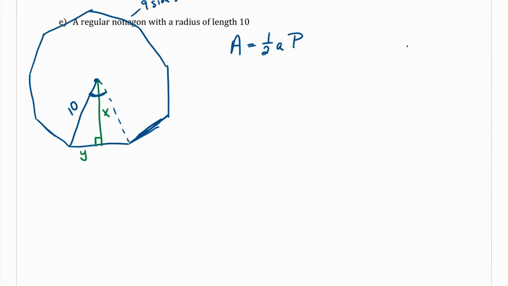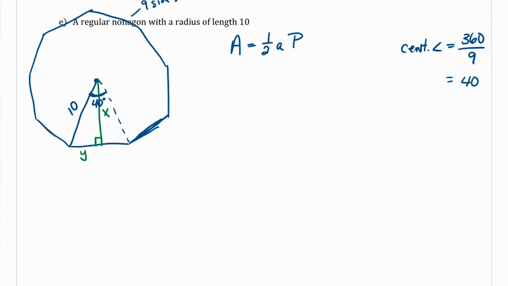So to get that central angle, I'm going to do 360 divided by my number of sides, which in this case is 9. So that means 360 divided by 9 is 40. So that angle is 40 degrees. Right? It'd be easier, I can actually draw it in there. 40 degrees.